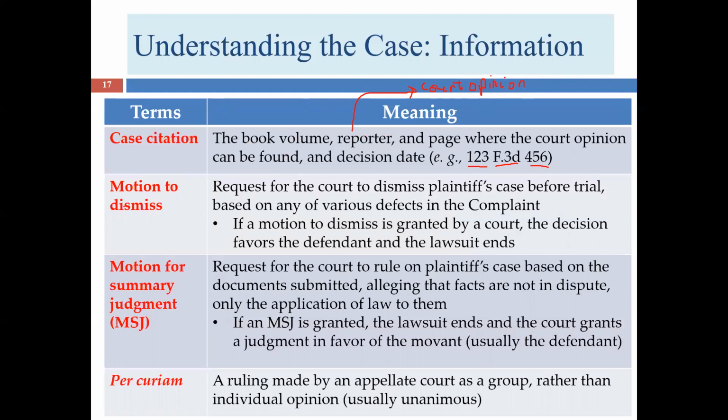A motion to dismiss is a relatively common motion to file. You probably can tell by its name what's going on here.